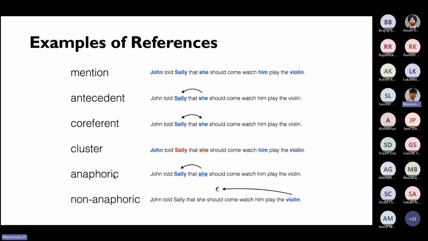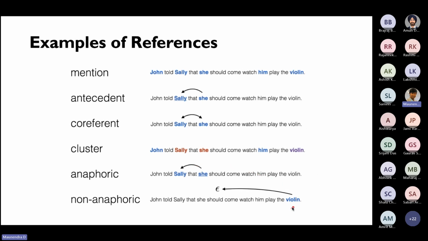And anaphora means that, as I told you some time back, the referring expression is here and the referent is here. The referent is appearing before the referring expression, so this is called anaphora.